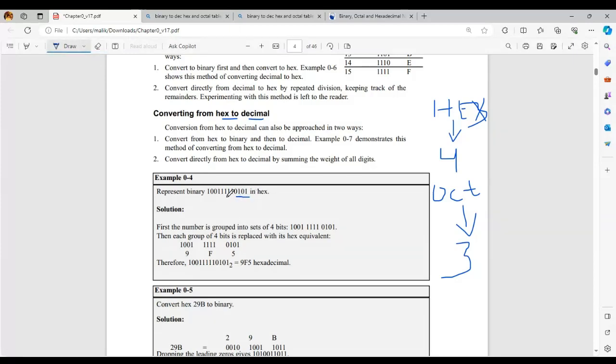Here, this one would be the first group, this is the second group, and this is the third group. If any bits remain, we put 0 on the left side in this way. But luckily, there are no remaining bits, as the total number of bits is a multiple of 4.